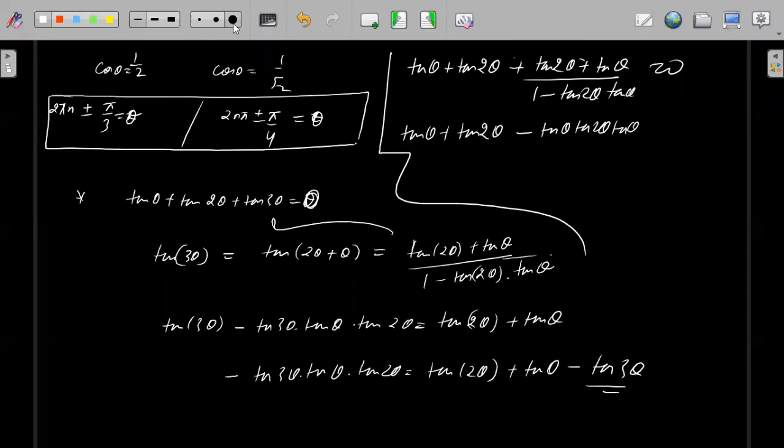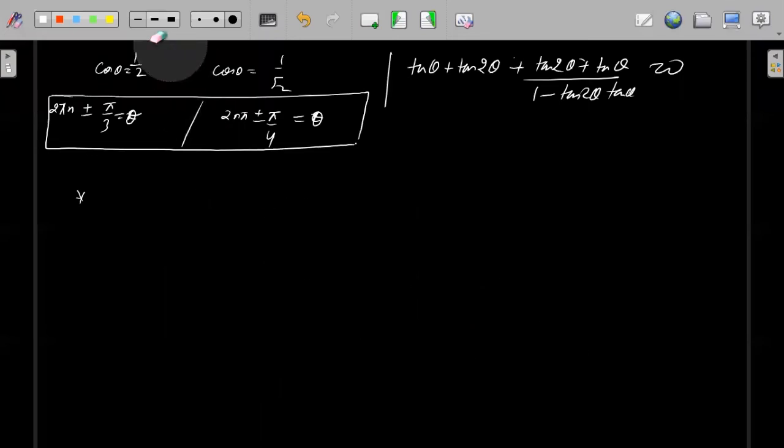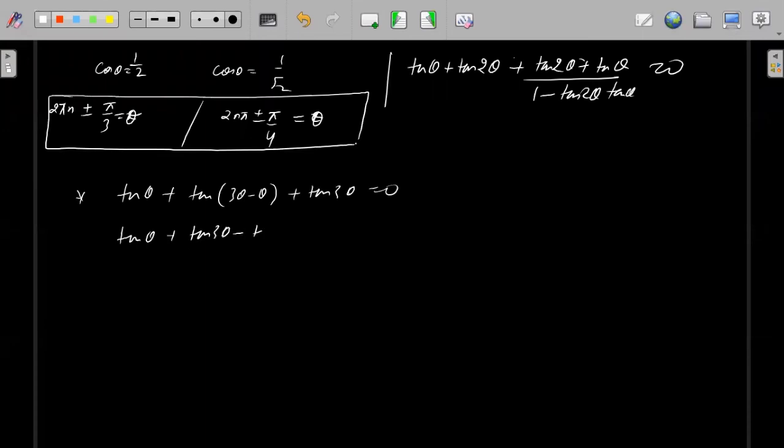Okay, fine. We'll get something. Let's see. So tan theta plus tan 2 theta, sorry, tan of 3 theta minus theta plus tan of 3 theta is equal to 0. So I will check tan of theta plus tan of 3 theta minus tan of theta upon 1 plus tan 3 theta tan theta plus tan 3 theta is equal to 0.